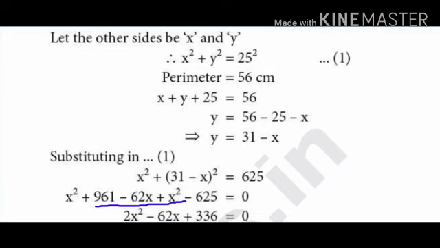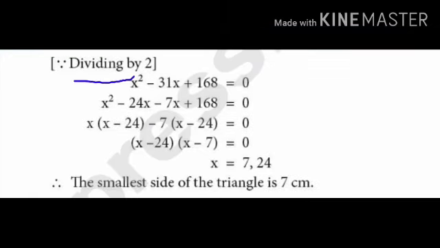Therefore 961 minus 62x plus x square minus 625 equal to 0. x square plus x square, 2x square, minus 62x plus 961 minus 625, that equals 336. Therefore 2x square minus 62x plus 336 equal to 0. Dividing by 2 on both sides, we get x square minus 31x plus 168 equal to 0.